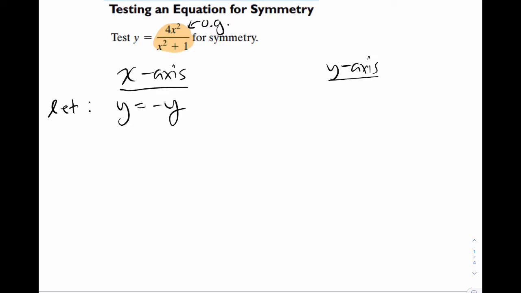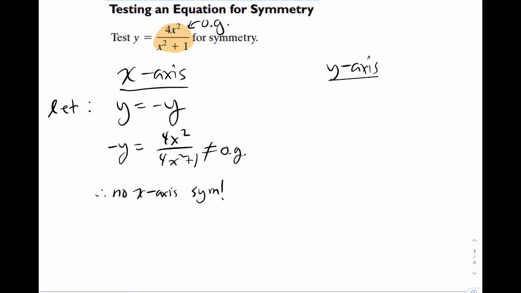So let's plug it in. Negative y equals 4x squared over x squared plus 1. Notice how this thing does not equal your OG function. If it were equal, that would tell you it does have symmetry, but it does not. So therefore, there is no x-axis symmetry.